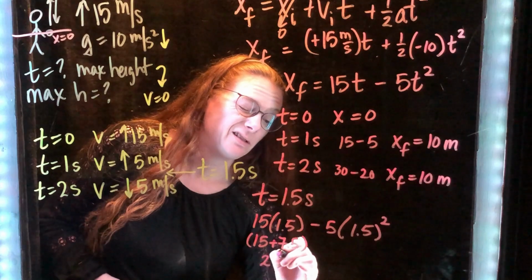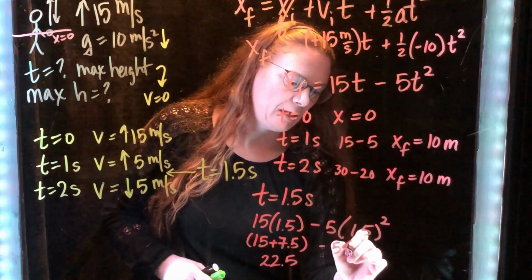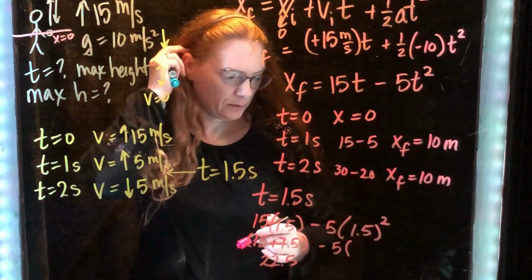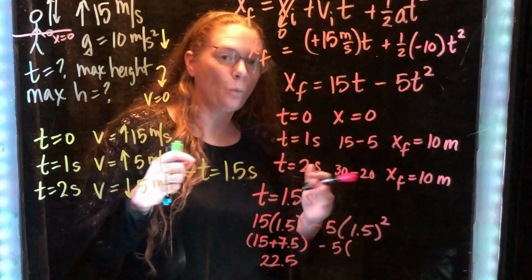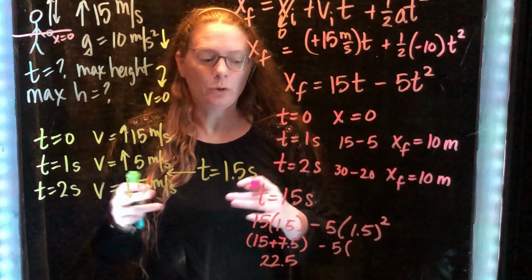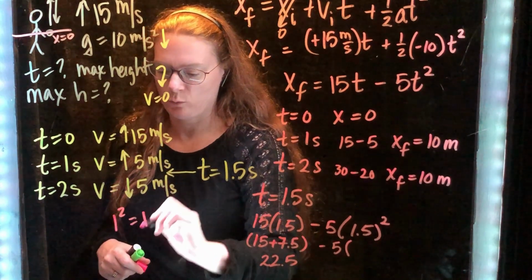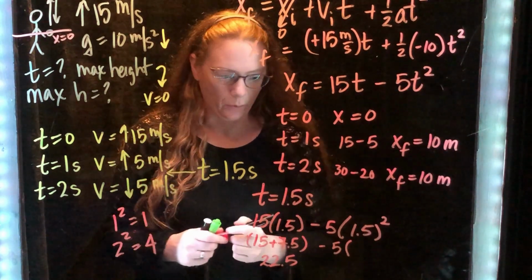That is 22.5. Minus 5 times 1.5 squared. All right, and so let's see. It's between 1 and 2, so 1.5 squared is between 1 squared and 2 squared. So it's got to be between 1 squared, which is 1, and 2 squared, which is 4. So my answer has to be between 1 and 4.